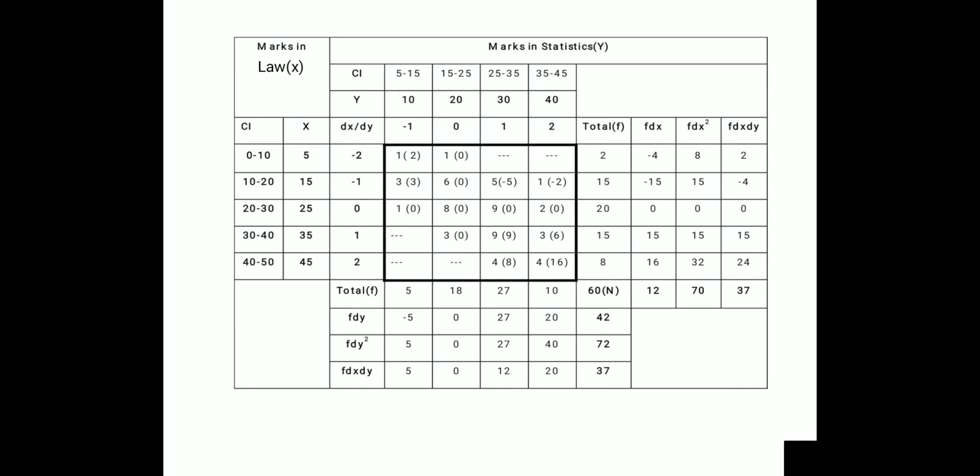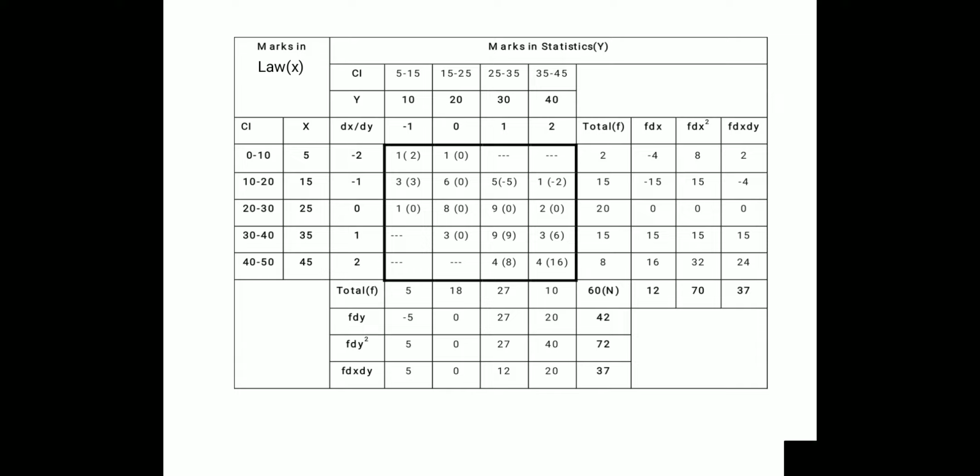Once we obtain dx and dy values, the next step is to get the values of frequencies. We should total the values within the bold-line square table you can see within the correlation table. All those values have to be totaled vertically to get the frequencies of y, and horizontally to get the frequencies of x.